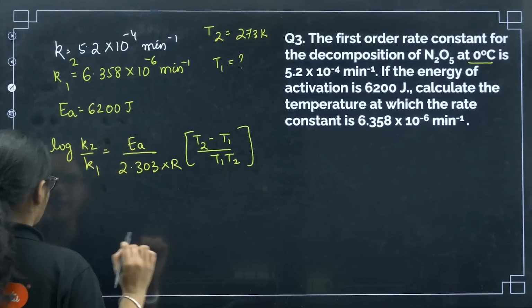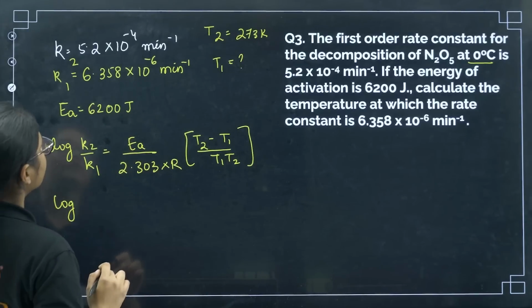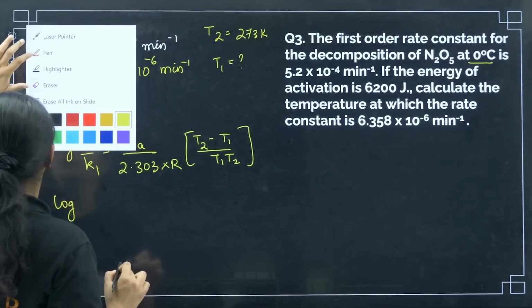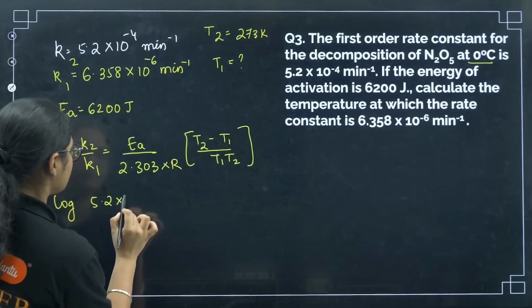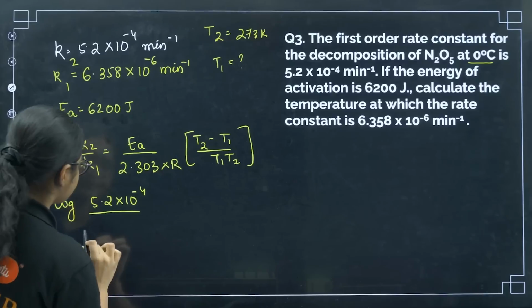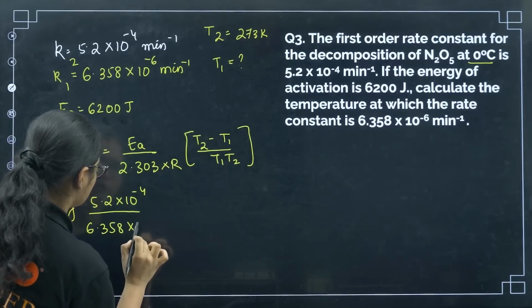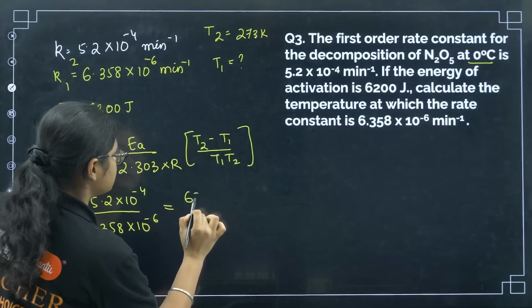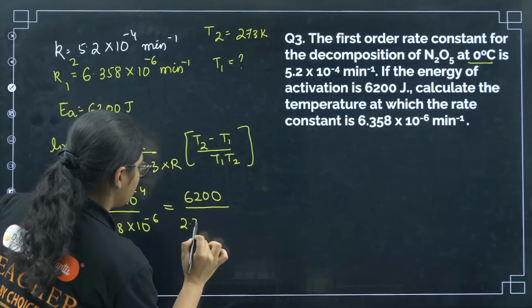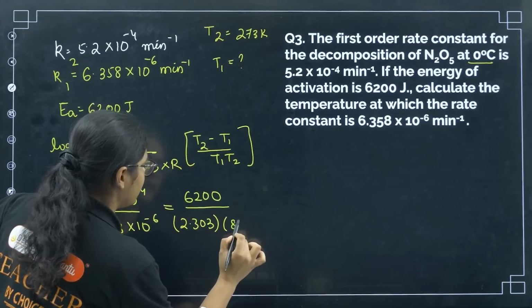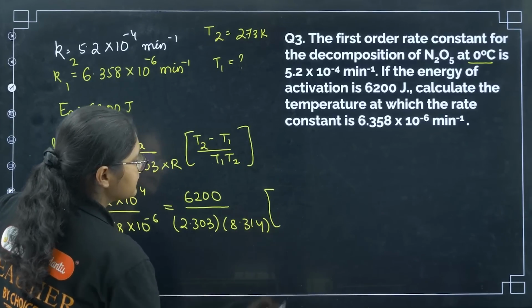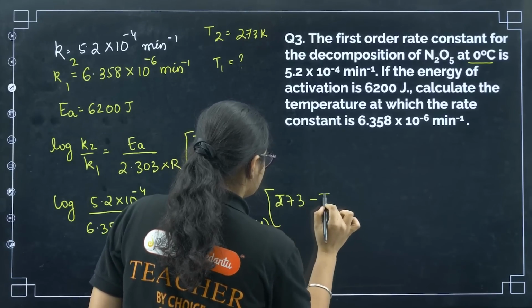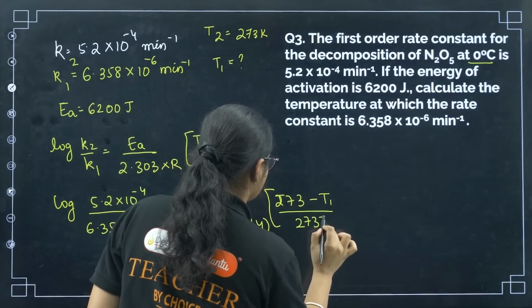Now I can substitute all the values. I'll get log of K2 value, 5.2 into 10 to the power of minus 4 divided by 6.358 into 10 to the power of minus 6, is equal to EA, which is given as 6200, divided by 2.303 into 8.314, times T2, that is 273, minus T1 divided by 273 into T1.